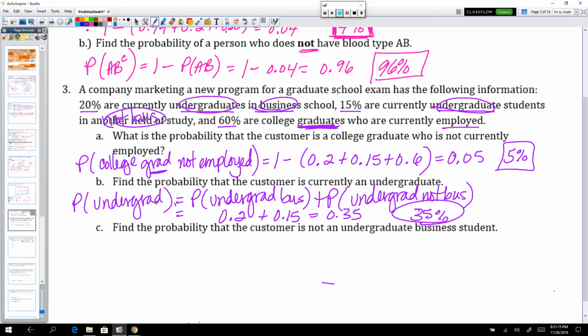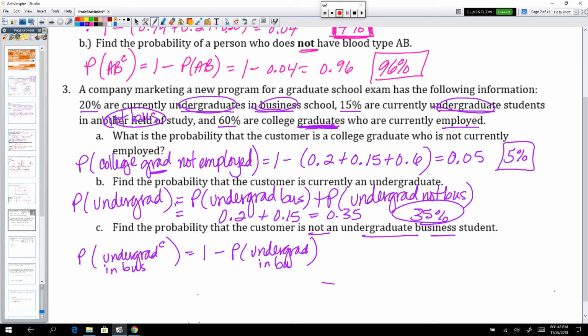And the last part of this question says, find the probability that the customer is not an undergraduate business student. Well, remember, finding the probability of the complement is 1 minus the probability of the event. Undergrad in business, sorry about that. Let me just add it here. Undergrad in business complement.